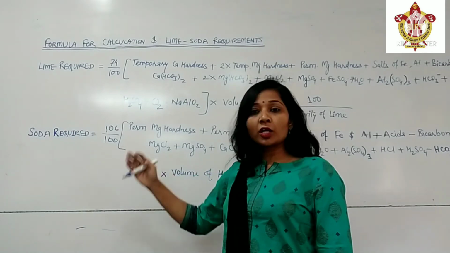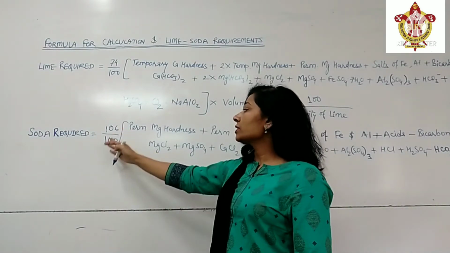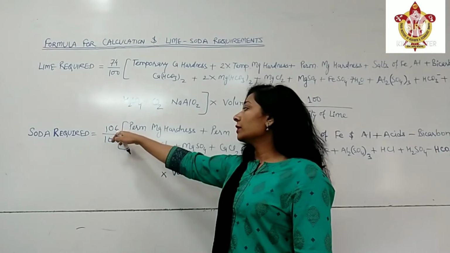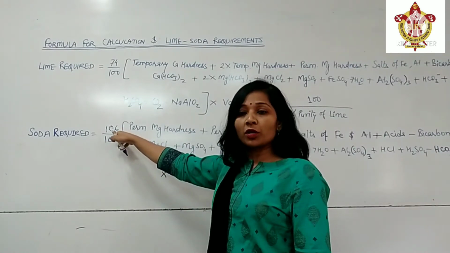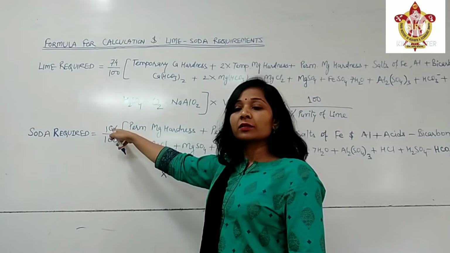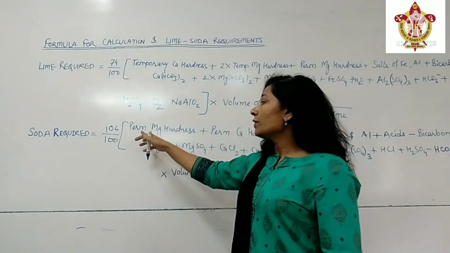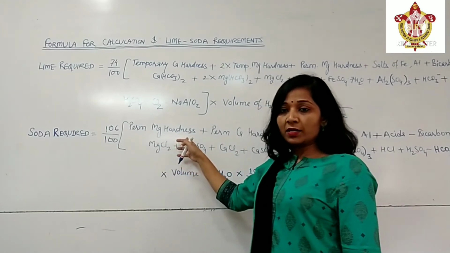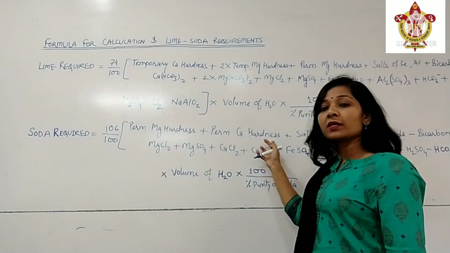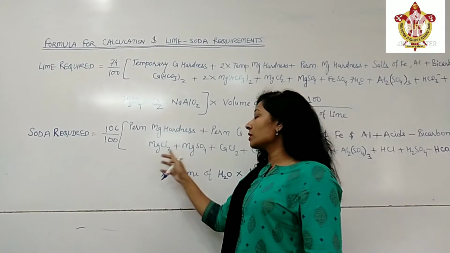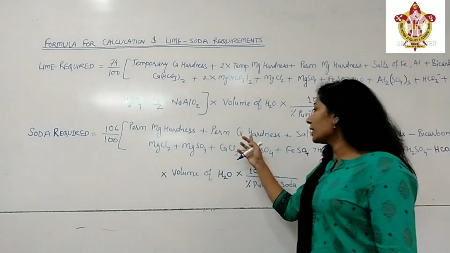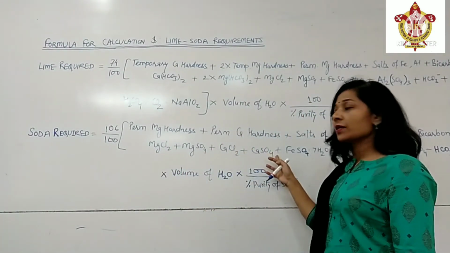The formula for soda requirement is this: 106 by 100. Here 106 is the molecular weight for the soda, that is Na2CO3. In the bracket we have written permanent magnesium hardness plus permanent calcium hardness. Permanent magnesium hardness is MgCl2, MgSO4 and permanent calcium hardness is CaCl2, CaSO4.